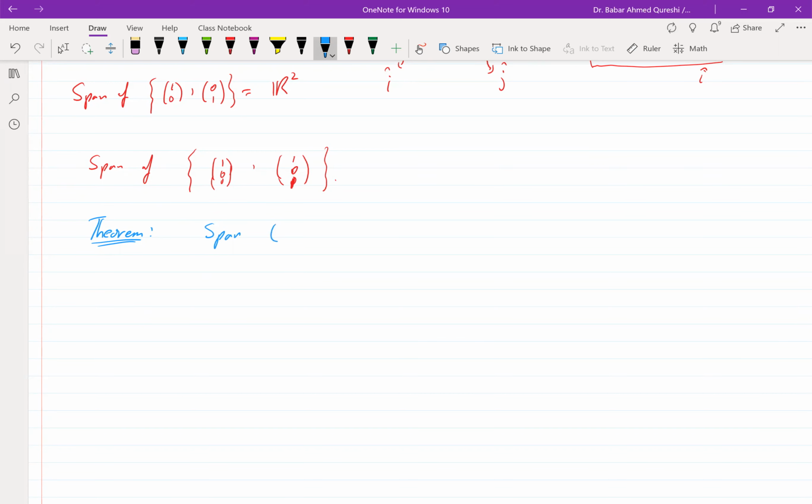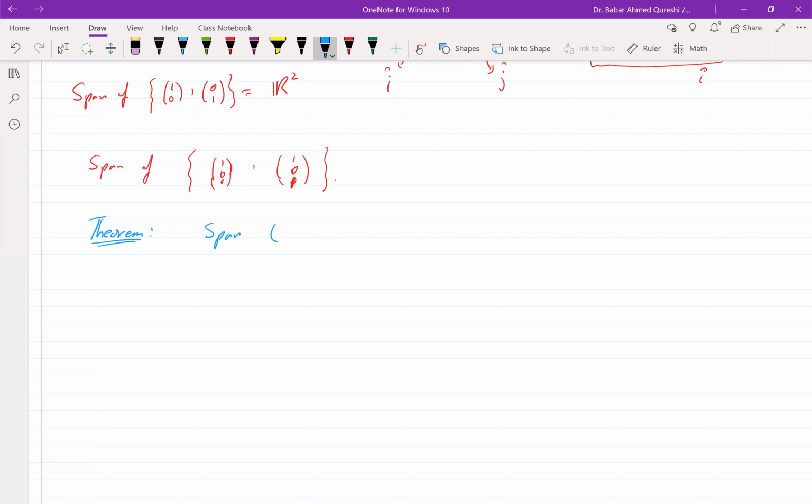So in this example, we saw that if I take two very special vectors, (1, 0) and (0, 1), the span turned out to be a vector space. It was the full R2. In the case of the null space, which was a vector space, it was the span of two vectors again. So if I pick any arbitrary number of vectors from a vector space, is the span always a vector space?